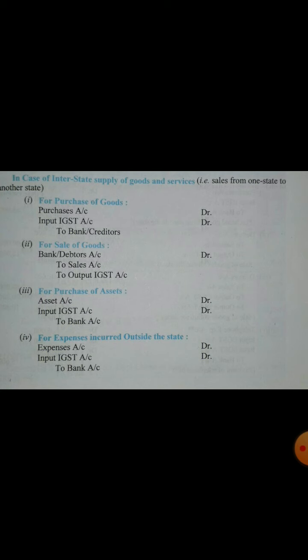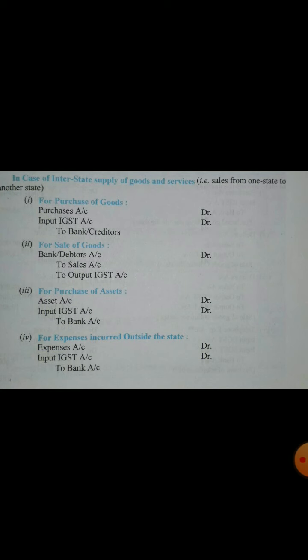Now, when the goods are bought from any other state, the entry will be Purchases account DR and only Input IGST account will be debited. What is this IGST? It is Integrated GST. That means combining the state and central GST.